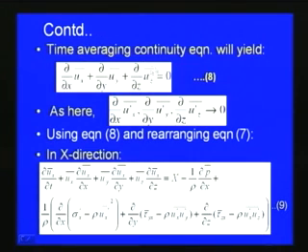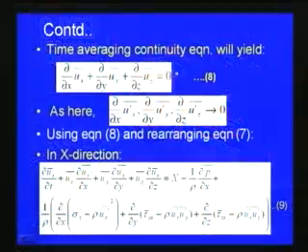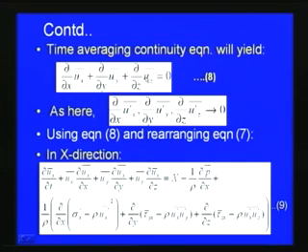So, if you do the time averaging concept for the continuity equation, which we have seen, now, as we have already seen, for turbulent flow we are using a mean flow component and then a fluctuating component. If you use this time averaging concept for the continuity equation, we can write it as ∂ū_x/∂x + ∂ū_y/∂y + ∂ū_z/∂z = 0, equation number 8.